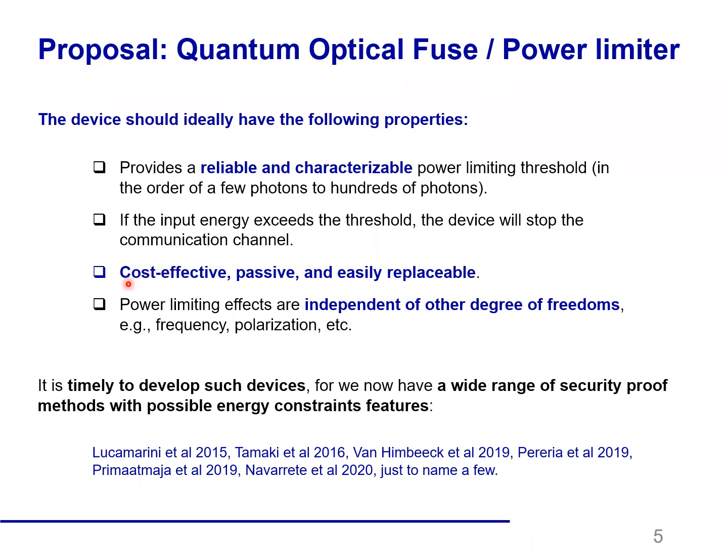And it needs to be cost-effective, passive, and easy replaceable. And most importantly, it should be independent of other degrees of freedom, such as frequency or polarization, which is important so that it won't open extra loopholes. So with all the security proof with energy constraint, it is just the right time for us to develop such a device.